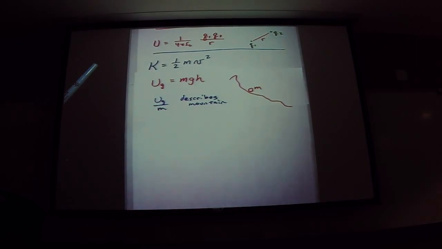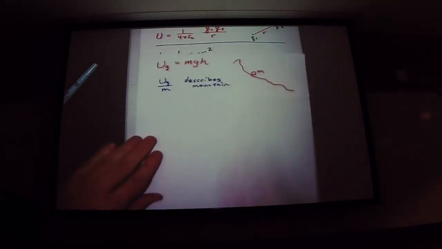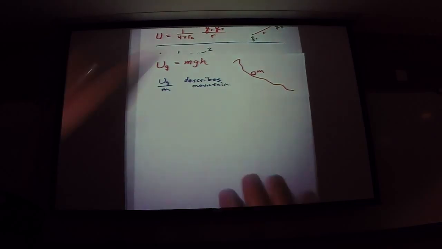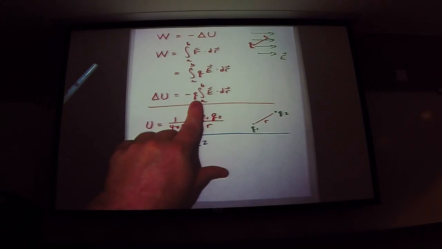We want to do the same thing with charge. We want a quantity that doesn't depend on the charge that I'm sticking there, because this potential energy depends on what charge I'm sticking there. I want a quantity that doesn't.